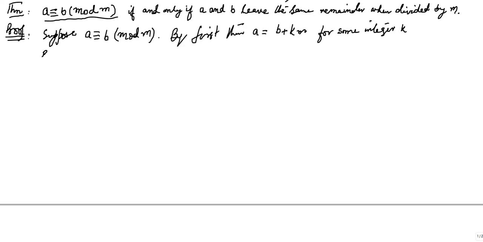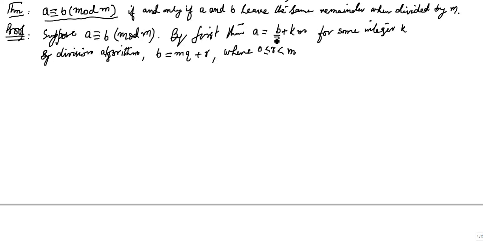So, by the division algorithm, if B is divided by M, then we suppose that r is the remainder, which should be greater than or equal to 0 and less than M. So, in that case we write B is equal to M Q plus R, where R is greater than or equal to 0 and less than M. Okay.